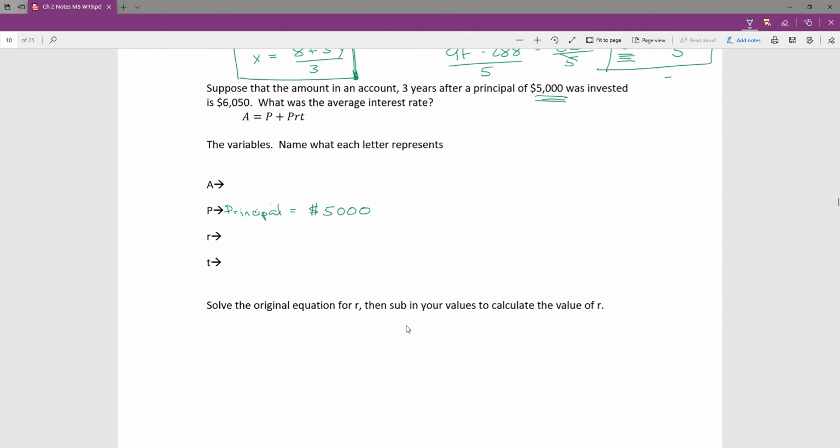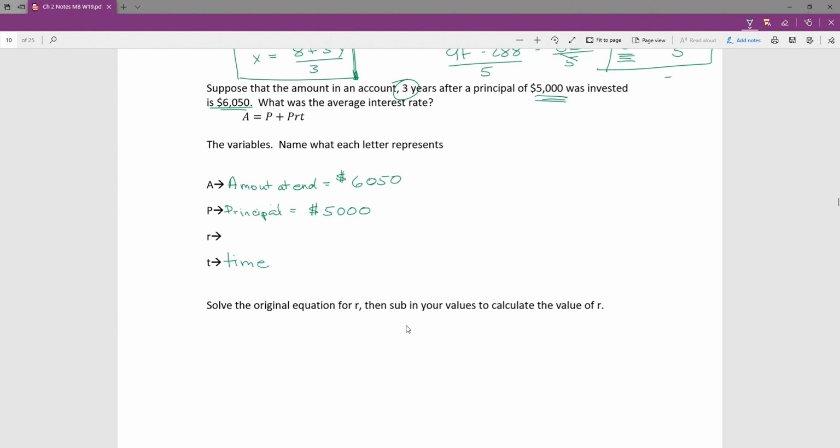And it's invested, and eventually the amount is $6,050. So this is the amount at the end, and that is 6050. Now it says that it's in there for 3 years, so that would be the time.